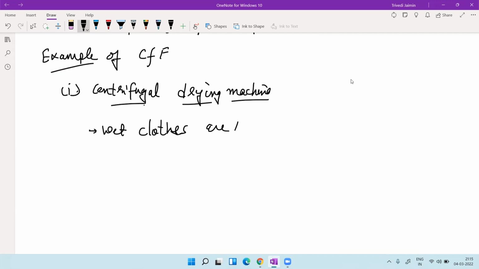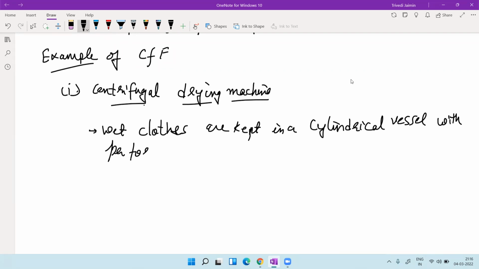Wet clothes are kept in a cylindrical vessel with a perforated wall.